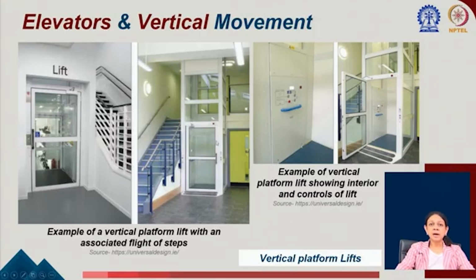But under no circumstances should these be used for moving up more than 2.1 or 2.4 meters, because otherwise this might be risky. They also do not require any kind of lift pit, so they are very good retrofitting solutions.